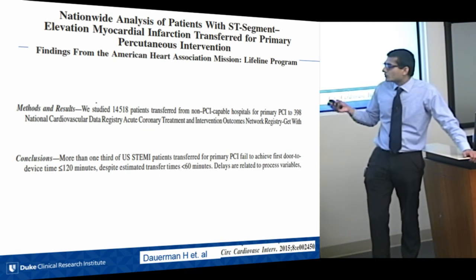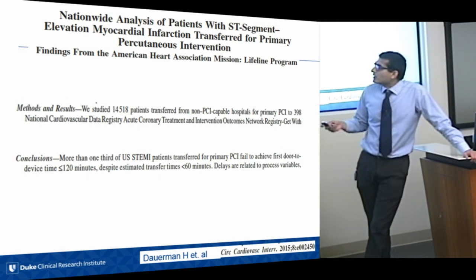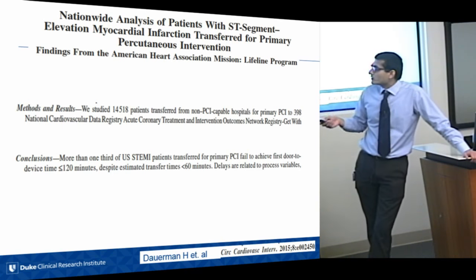And this is another example of similar work from the Mission Lifeline Registry. And they noted that in about 14,000 patients, more than 1/3 of STEMI patients transferred for primary PCI did not achieve first medical contact to device time under 120 minutes, despite having transfer times of less than 60 minutes.